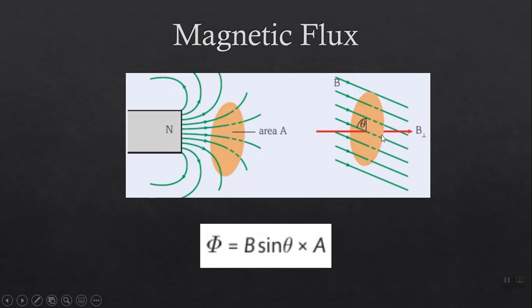I hope you can remember in the previous videos we learned how to resolve. So B sin theta is the perpendicular component of the magnetic flux density to the given area. Then when we multiply the perpendicular component by the area, we get magnetic flux.